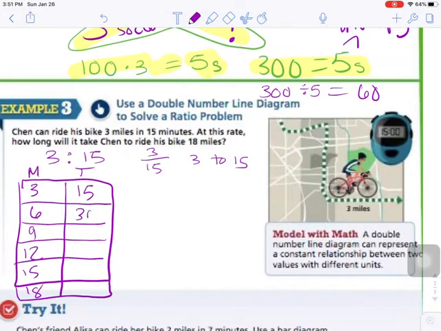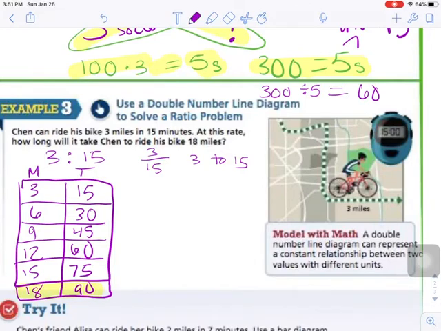So I know that that would be 30, I know it would be 45, and then 60, 75, and 90. So I just found out that in 18 miles, it would take me 90 minutes to ride.